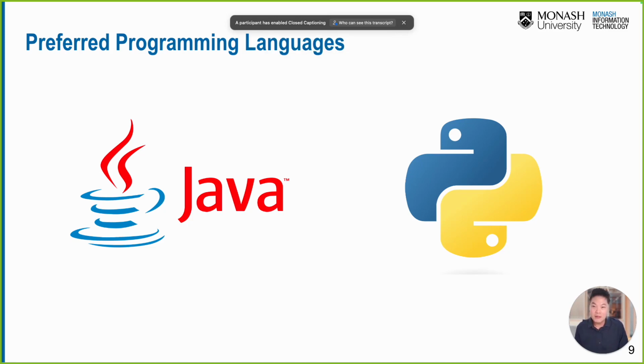And yeah, I just want to understand your background before we move on. Maybe you can type in the Zoom chat which programming language you are most proficient at the moment, Java or Python. Yeah, can you type in the Zoom chat? Just want to hear.